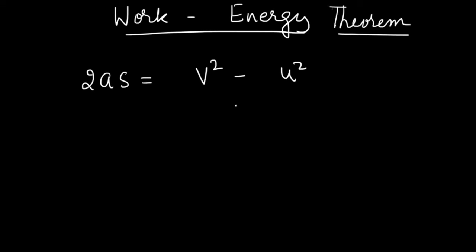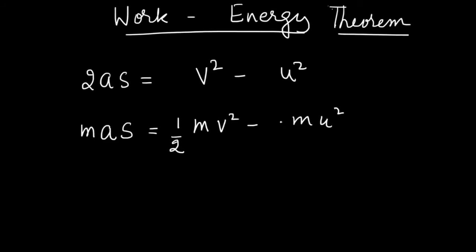Now watch what I got to do to this equation. I shall multiply both sides by half, and also multiply by m, so I get mas is equal to half mv square minus half mu square.